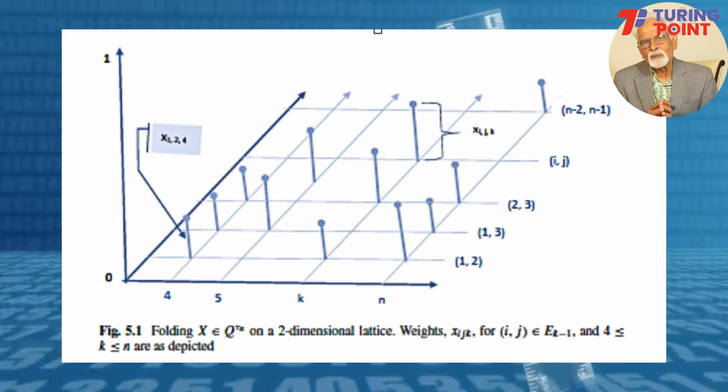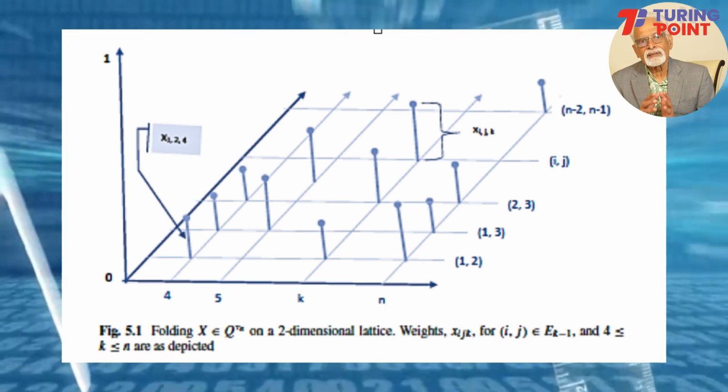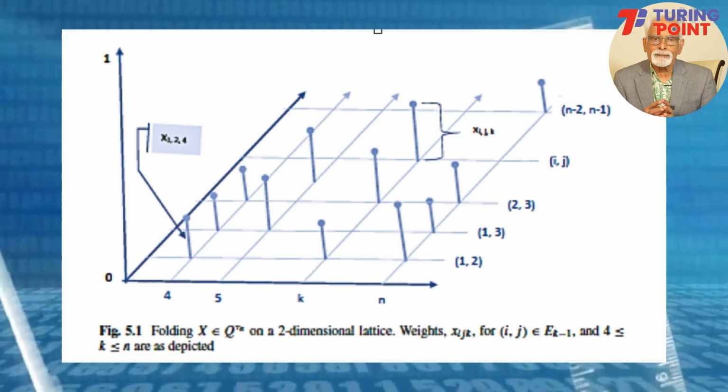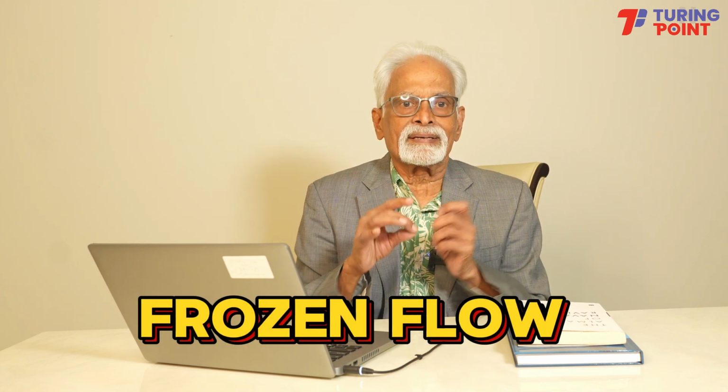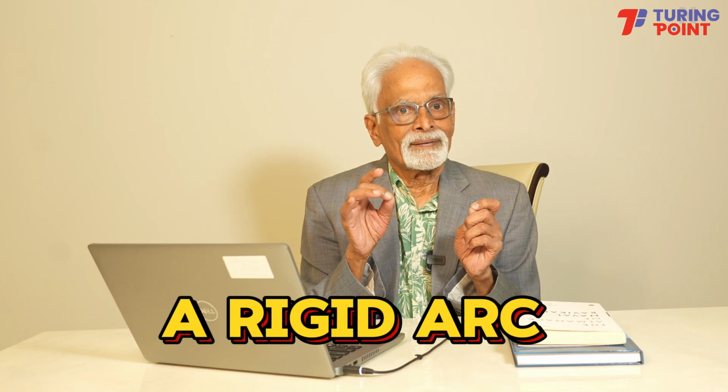But we will do something more here. If it is feasible, we try to find out an interesting thing. Is the flow along any of the arcs the same in every feasible solution? Such a flow we call a frozen flow because it is not changing, and such an arc is called a rigid arc. The rigid arc will have frozen flow which is positive. Supposing your frozen flow is 0, that means in that arc no flow can be there, so that's a dummy arc.